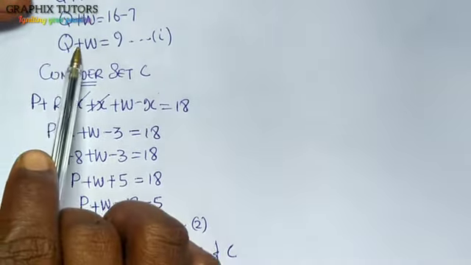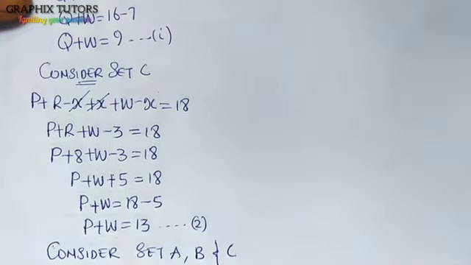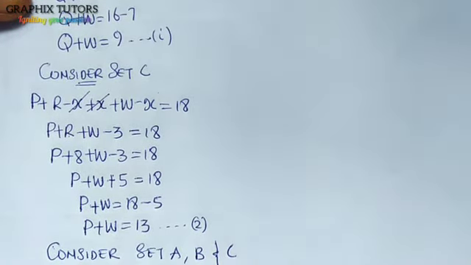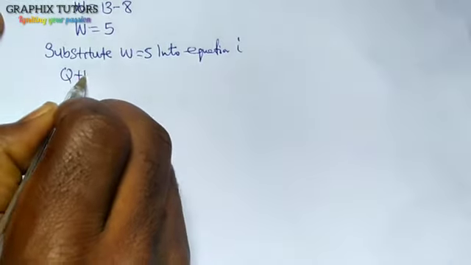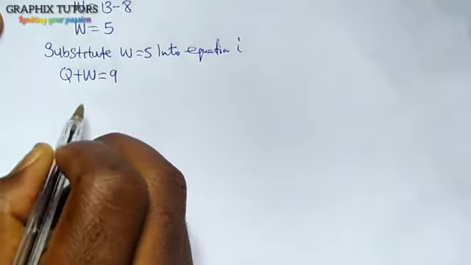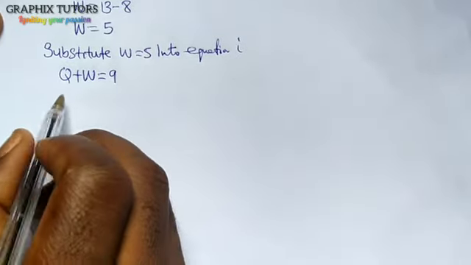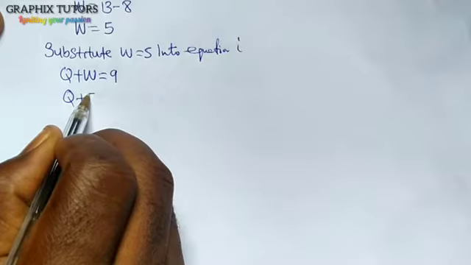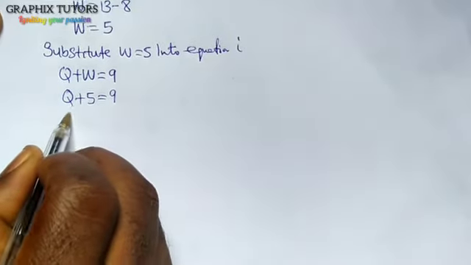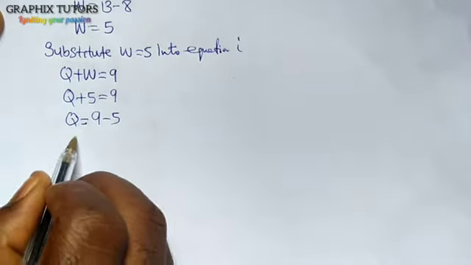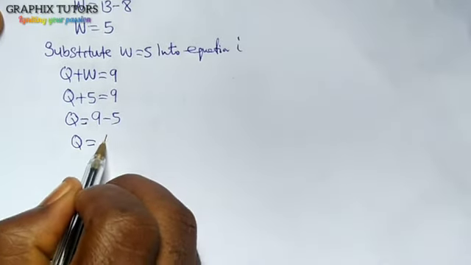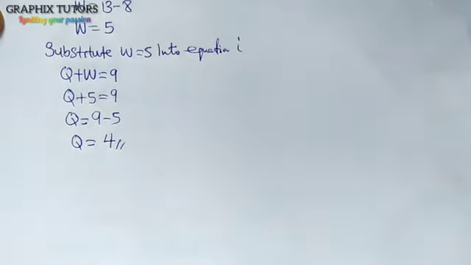So q plus w is equal to 9. You substitute here: q plus w is equal to 9, and we put w equals to 5. So q plus 5 is equal to 9. So q will give 9 minus 5, which is 4. So q is 4.